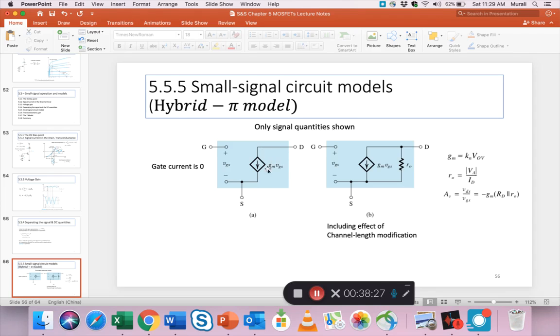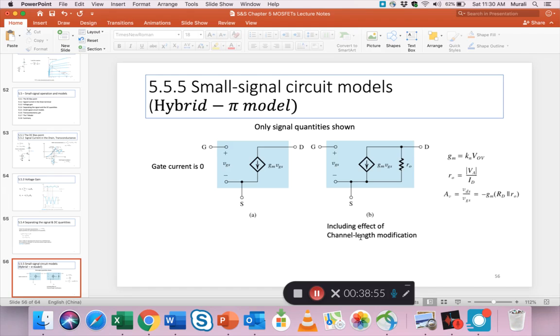The drain to source current is the only important thing here, and that is modeled as a transconductance times the independent value, which is the small signal. On the right side it's slightly more complicated because we introduce the ro, the output resistance.